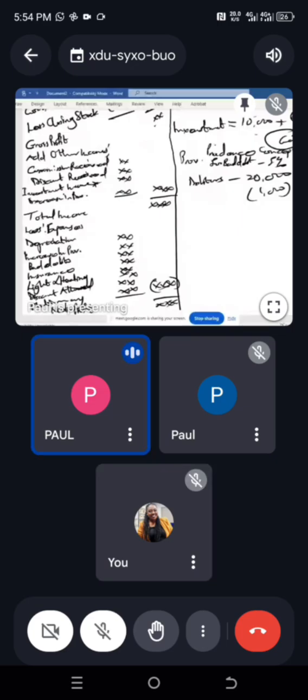It's 1,000. Now, it means that you've made provision. You've anticipated that you will lose 1,000 out of every 20,000 of debts people owe you. It means that maybe people owe you 20,000, but they pay 19,000.